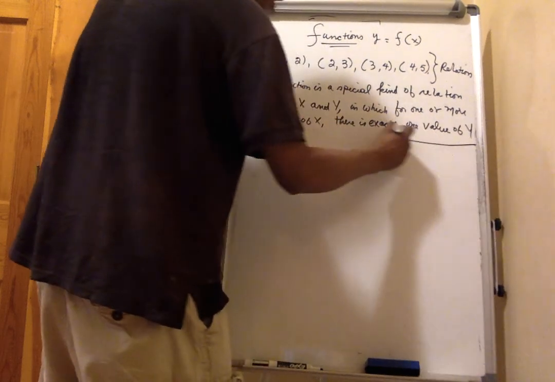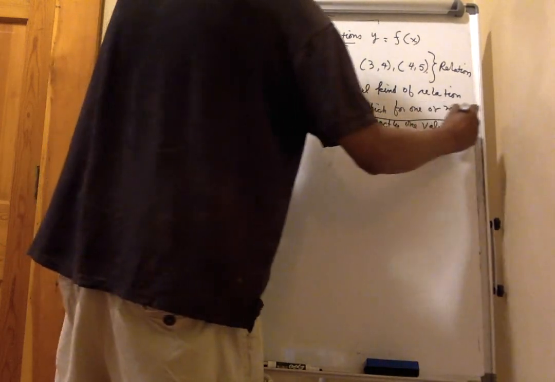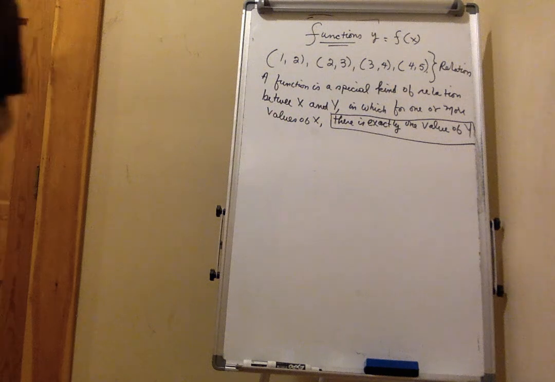The key note to take is there is exactly one value of y. That's what we are going to zero in on.